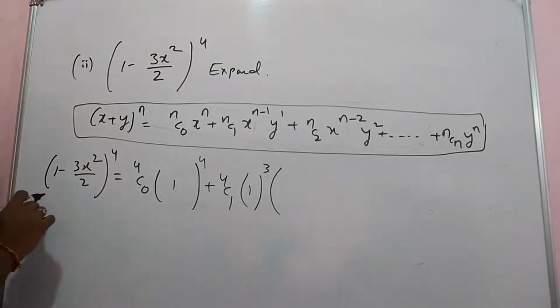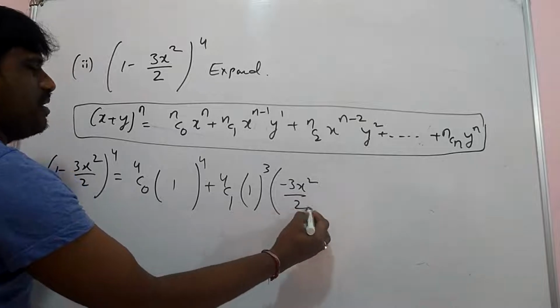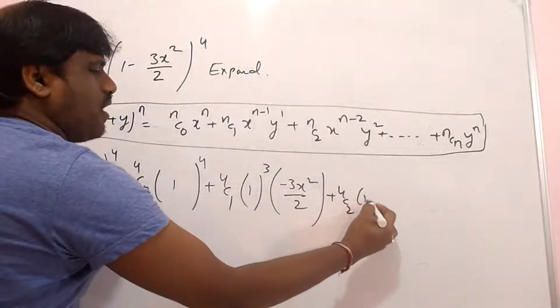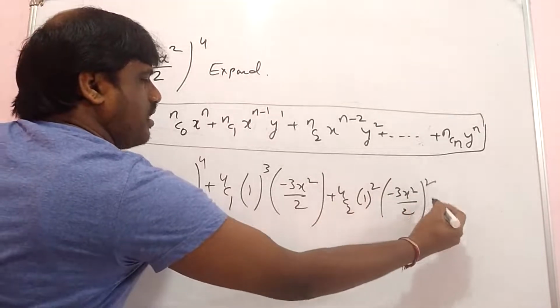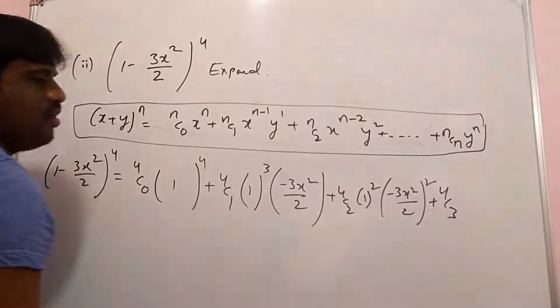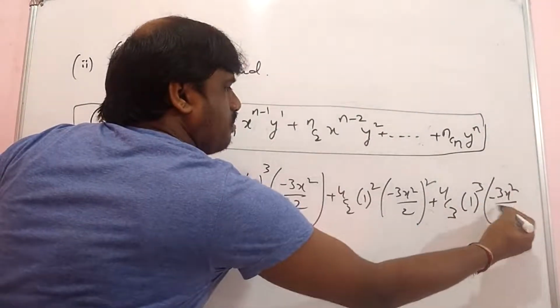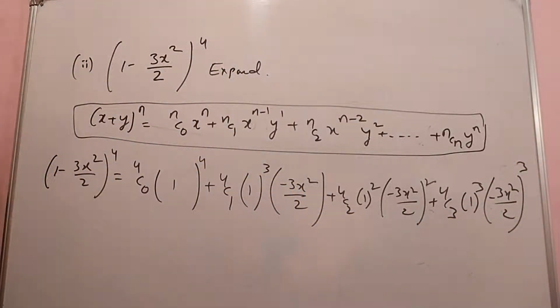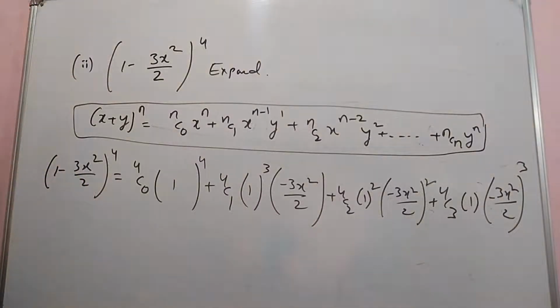See here, when you have a minus symbol, keep it with the minus. Minus 3x square by 2 power 1, plus 4C2, 1 square and minus 3x square by 2 whole square, plus 4C3, 1 cube, minus 3x square by 2 whole cube. Yes, it's power 1, so 4 minus 3 is 1.